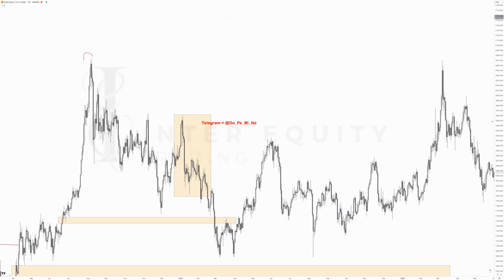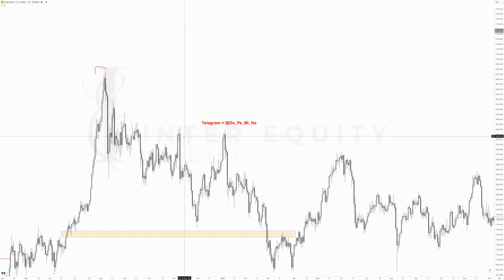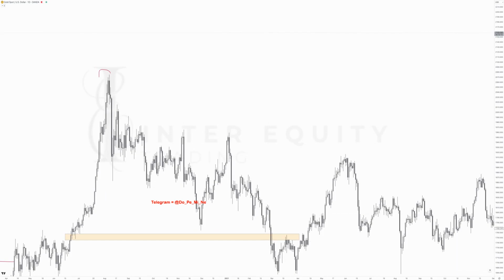So on the daily, you can see that while price was creating lower lows and lower highs, right? So you want to be taking structure and aligning it with your imbalances, okay? So price was delivering lower prices, breaking structure each time, right? Creating lower highs, then lower lows, okay? Lower high, lower low, lower high, lower low, okay?